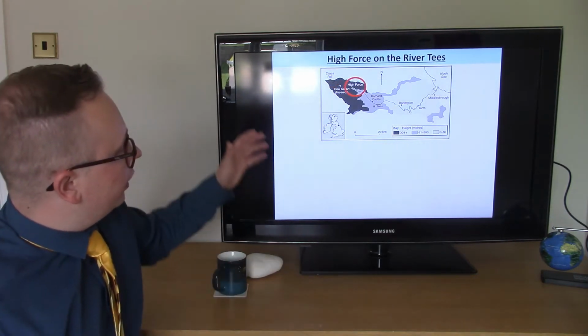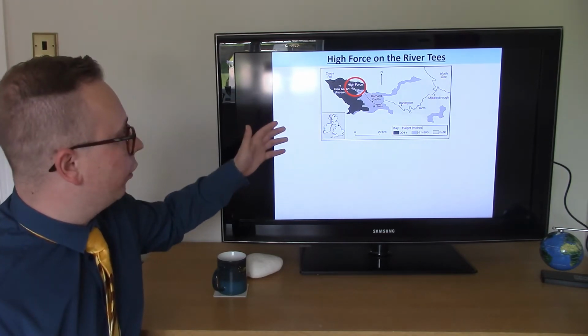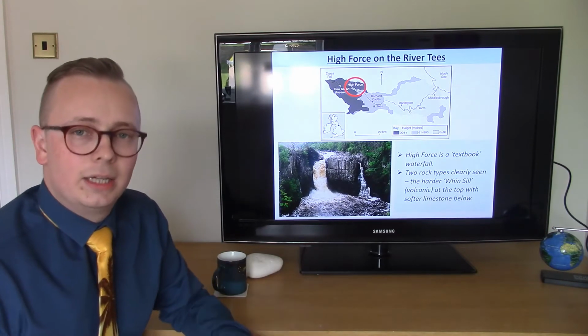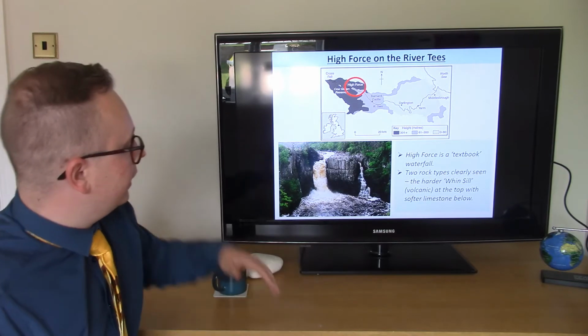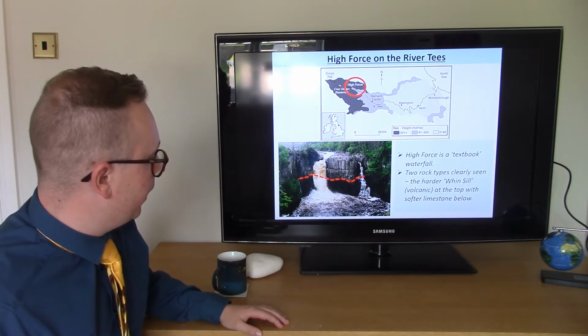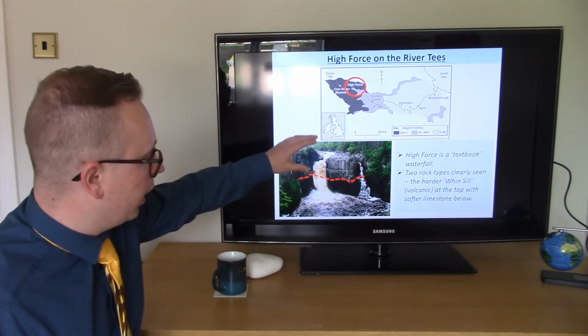We'll then move on, still in our upper course, to our first major feature, and that's High Force. Now High Force, as you can see from the images, is a textbook, a classic waterfall that we find on the River Tees, and it clearly shows two different rock types. We'll put a boundary on there to make it even clearer, but we can see at the top here we've got a harder rock.